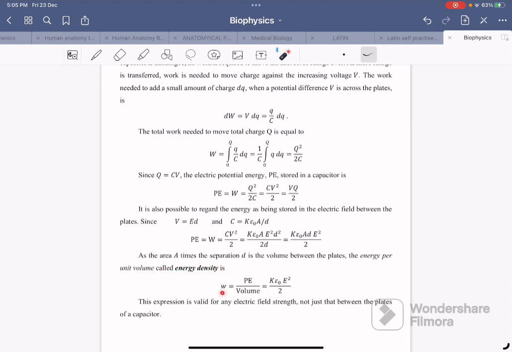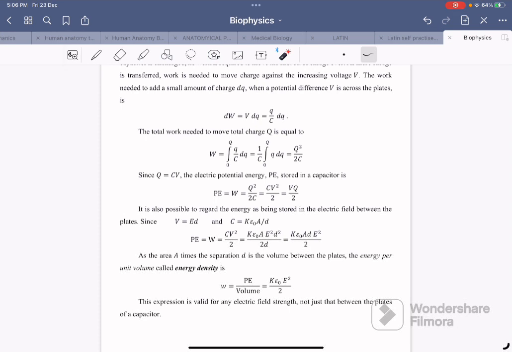So work done equals potential energy divided by volume. We all need to know this value of it, and AD is the volume.